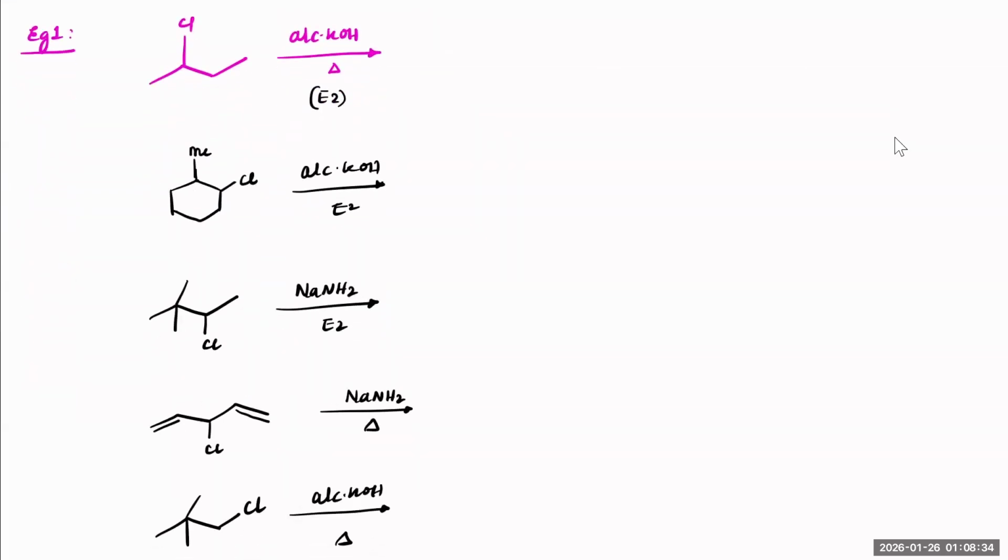So notice these specific cases where we have to perform the E2 mechanism. Starting with the first one, I first define which of them are alpha and beta. Alpha, beta, and beta. So chances are I can get an alkene here, or I can get an alkene here.